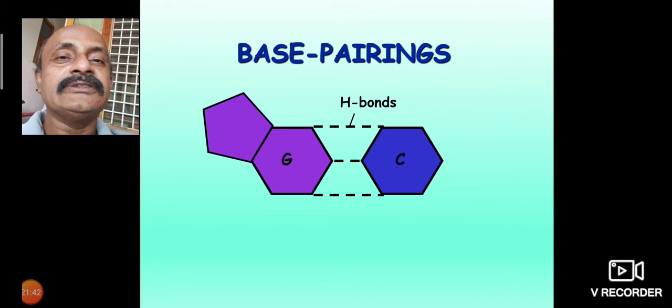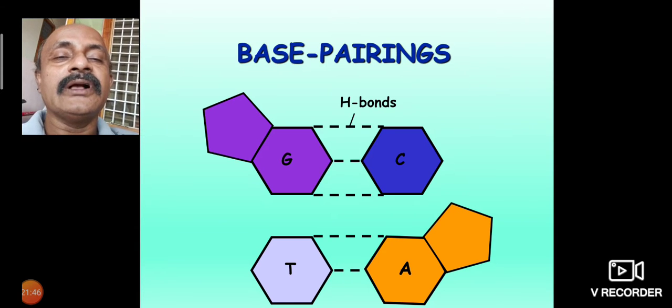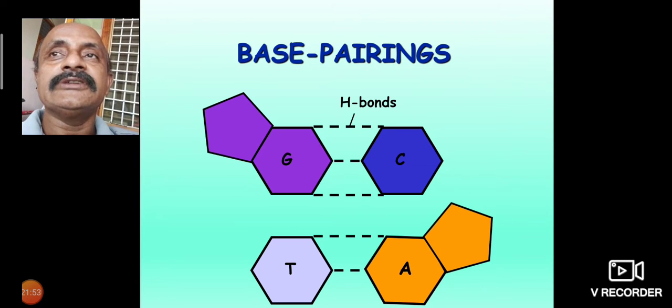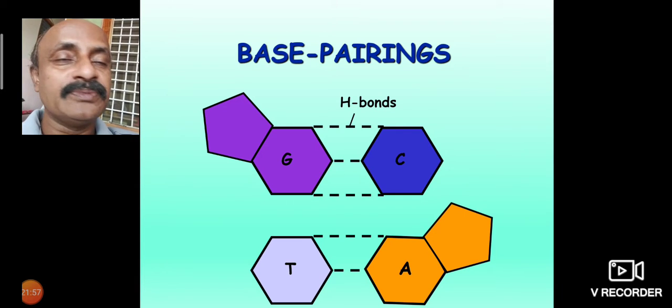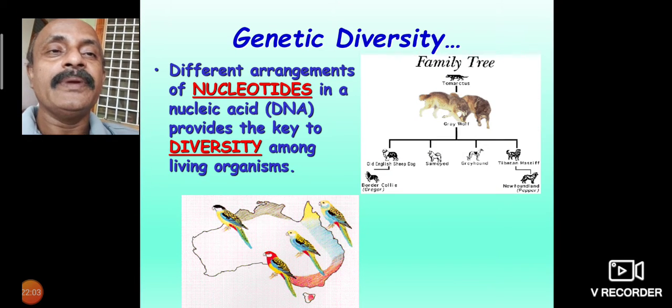In any DNA molecule, guanine and cytosine always form triple hydrogen bonds, and thymine and adenine form double bonds. This is base pairing.